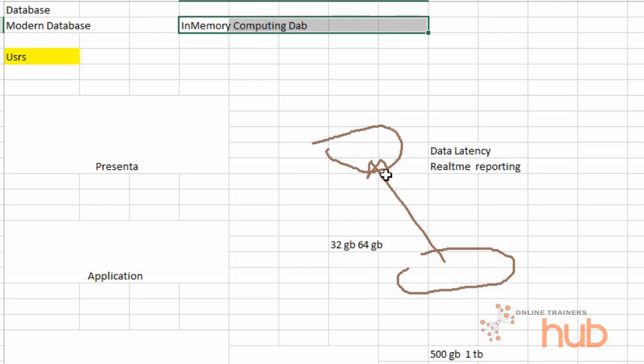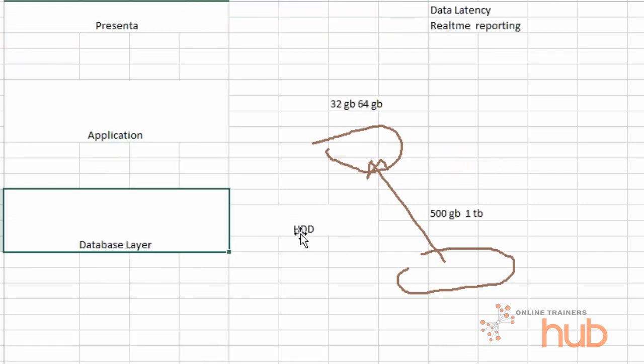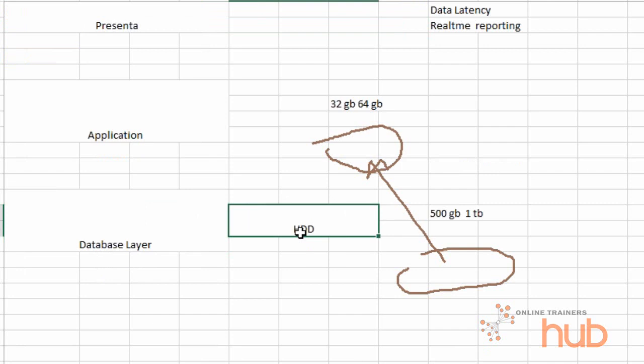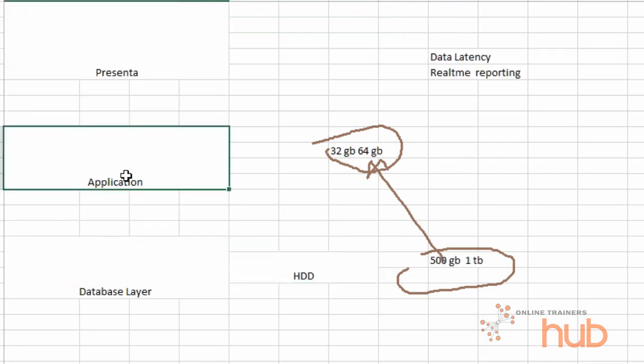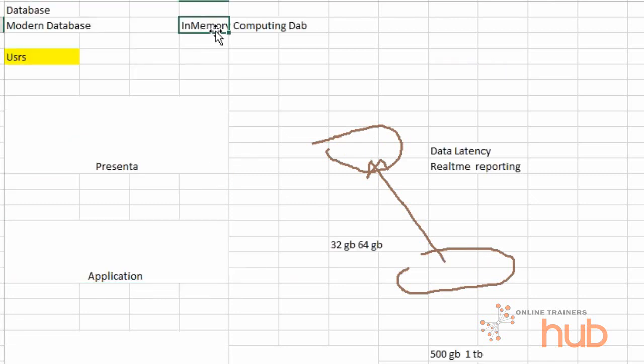The first thing is that there is no need for your database to exist within the hard disk. You can always have your data existing in the form of a database in RAM itself. Since this database resides within RAM, we call such databases in-memory computing databases. That is one thing.